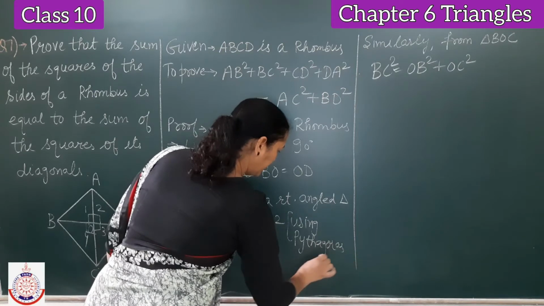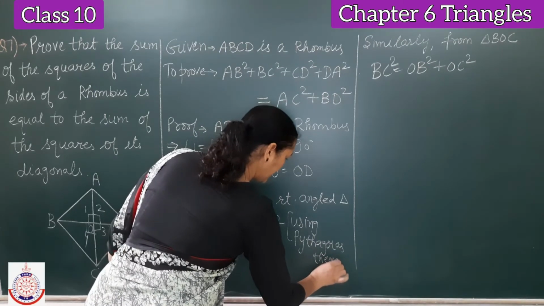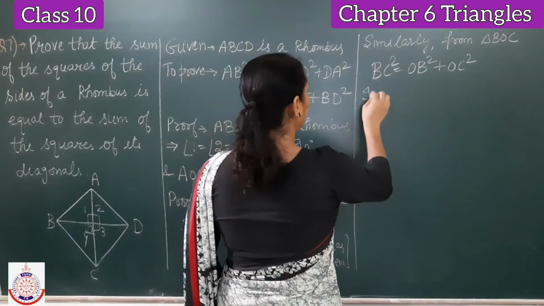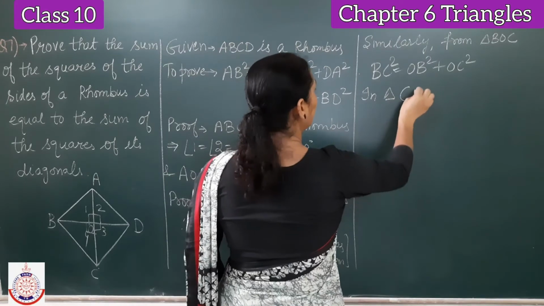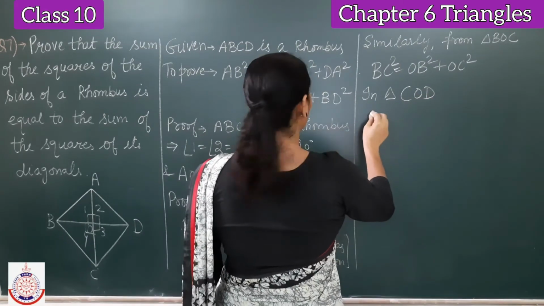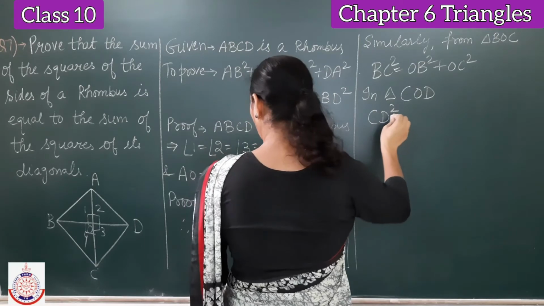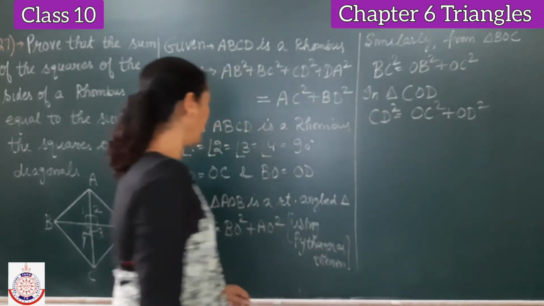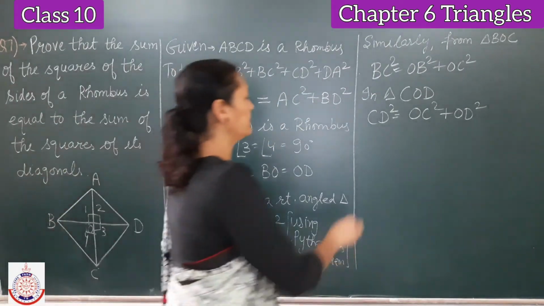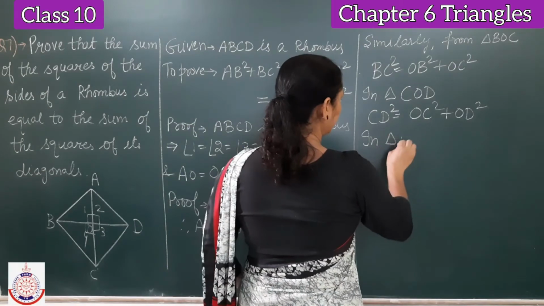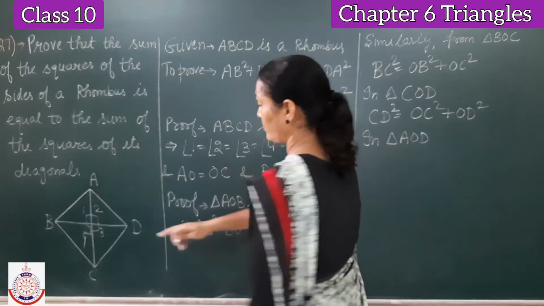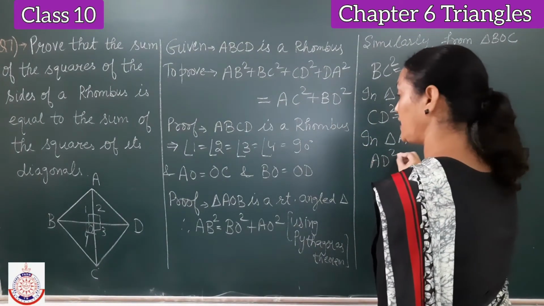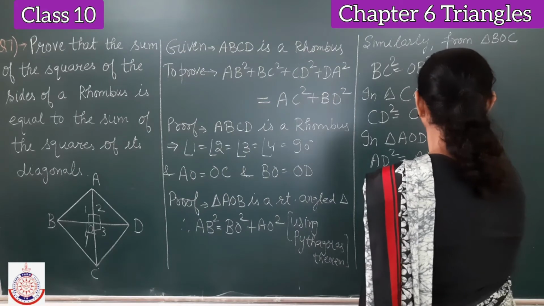Further we are writing similarly, no need of writing again and again. In triangle COD, we have obtained CD square is equal to OC square plus OD square. In triangle AOD, opposite to 90 degrees is the hypotenuse, AD square is equal to AO square plus OD square.